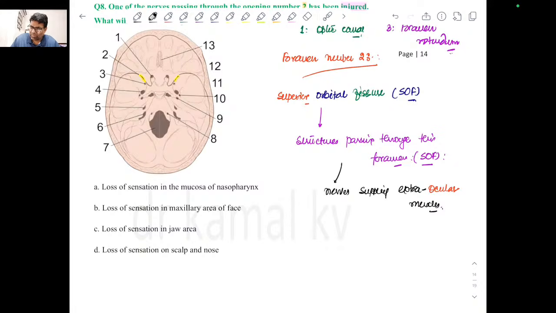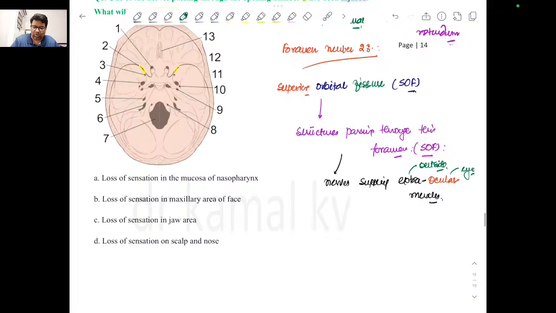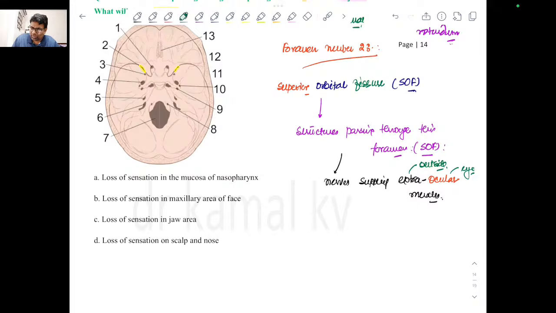Extra means outside, so extra is outside, ocular is obviously eye. So the muscles which are on the outside of the eyeball, they are supplied by the cranial nerves, and I think most of you must be knowing recti, oblique, all those are extraocular muscles. So these extraocular muscles are supplied by three cranial nerves: cranial nerve 3, cranial nerve 4, and cranial nerve 6.